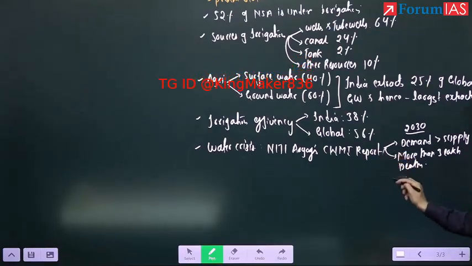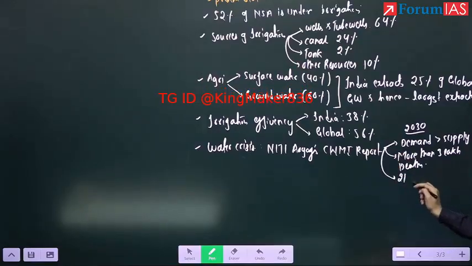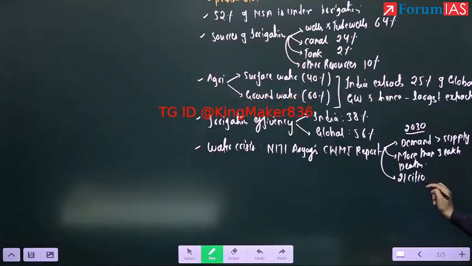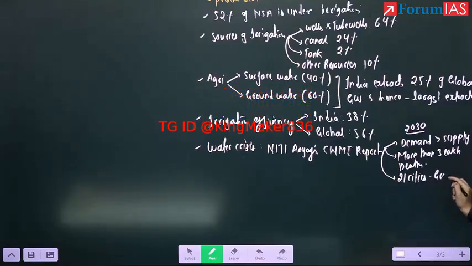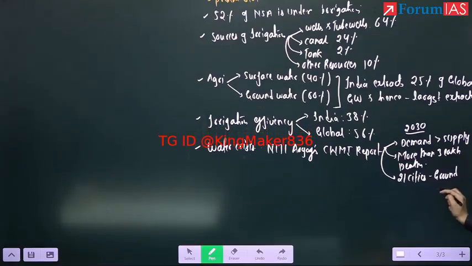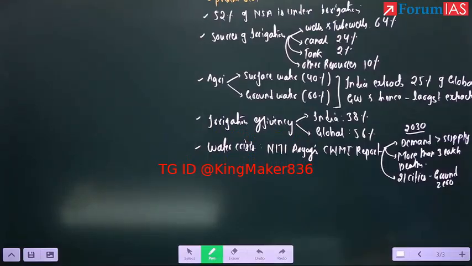And it says 21 cities across India will reach ground zero. When I say ground zero, it means they will no longer have groundwater. Examples of these cities include Chennai, Bangalore and Delhi, given the rate at which we are extracting groundwater.